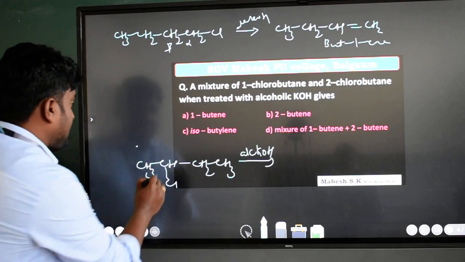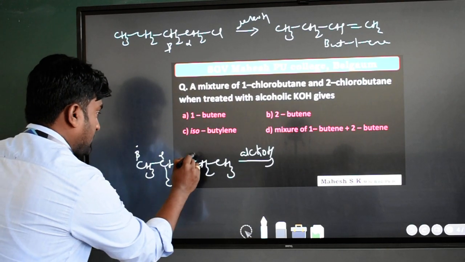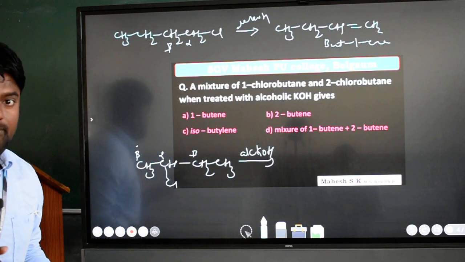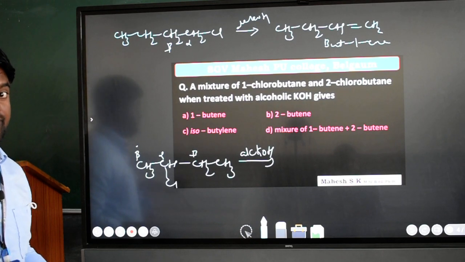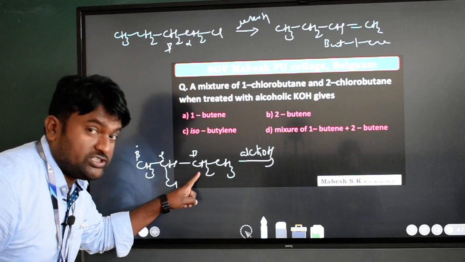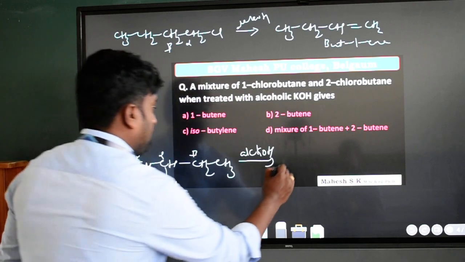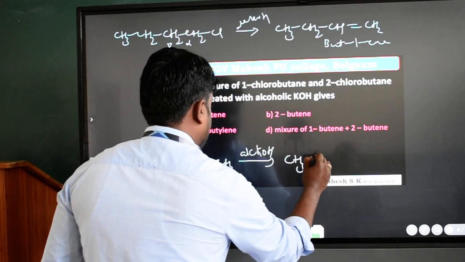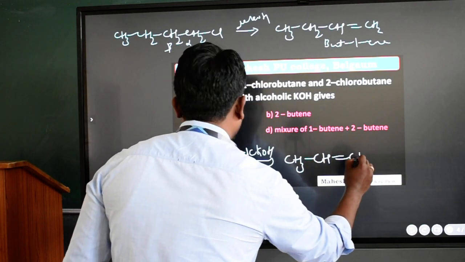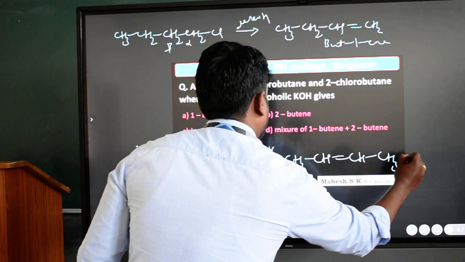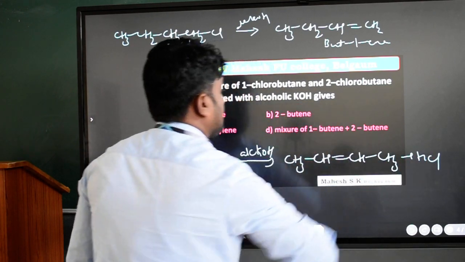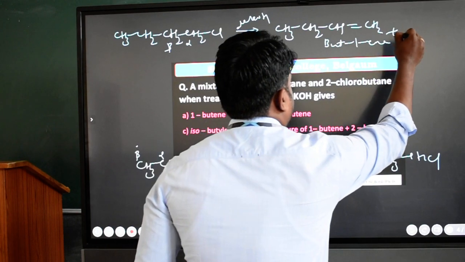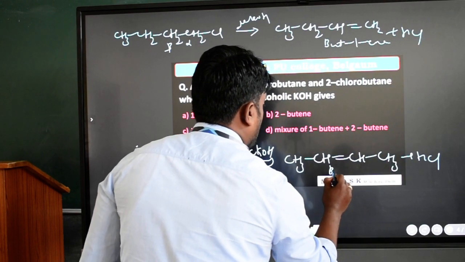Here this is alpha, and these are beta carbons. We have to eliminate hydrogen from the beta carbon atom which contains fewer hydrogens. So we will get CH3CH=CHCH3 plus HCl. Now see, here we are getting but-2-ene.